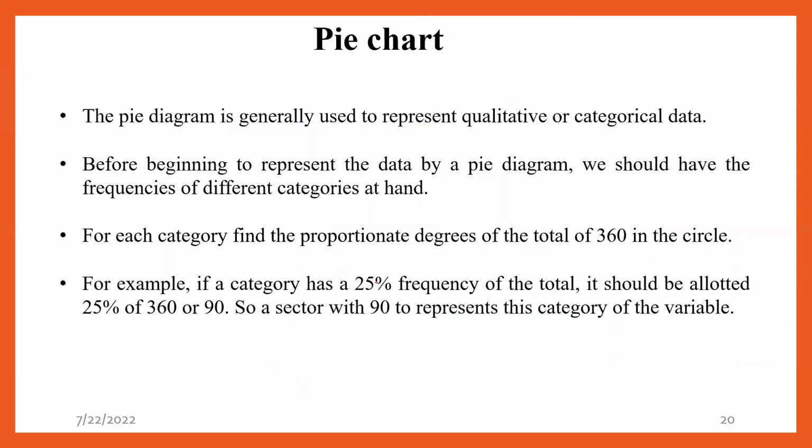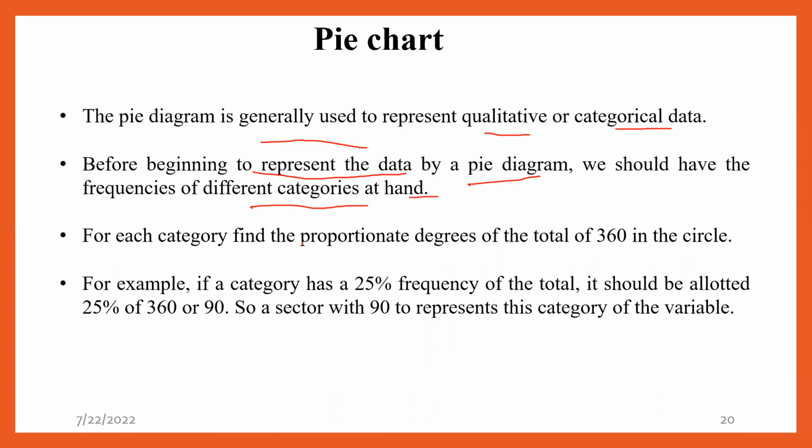Now we'll discuss the pie chart, which is very important. We need to understand it, as it is very useful in research. The pie diagram is generally used to represent qualitative or categorical data. Before beginning to represent the data by a pie diagram, we should have the frequency of different categories at hand.